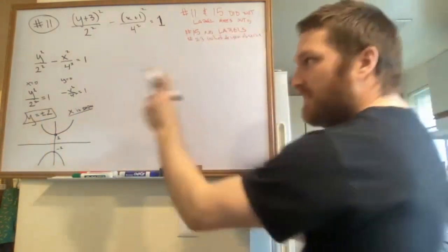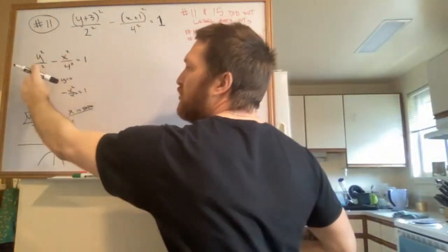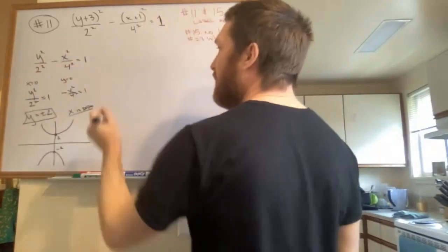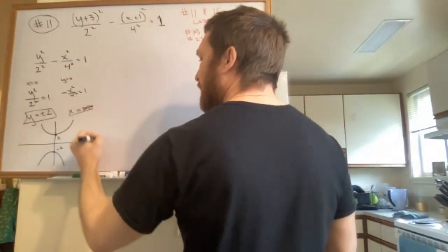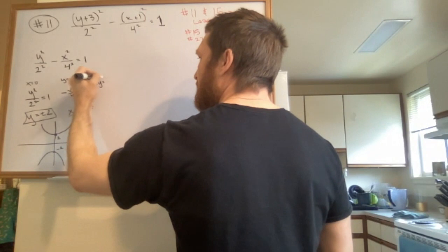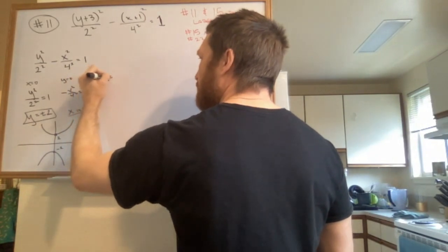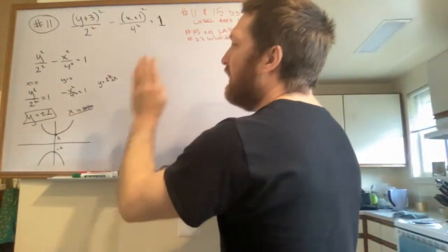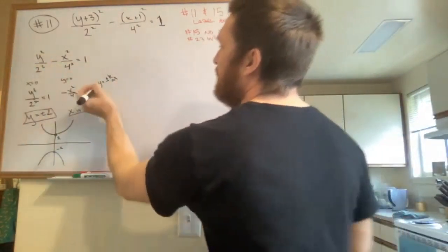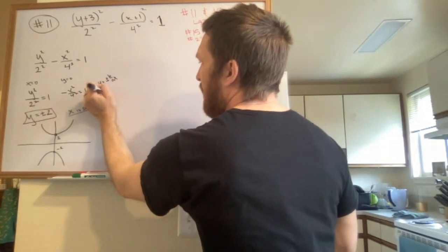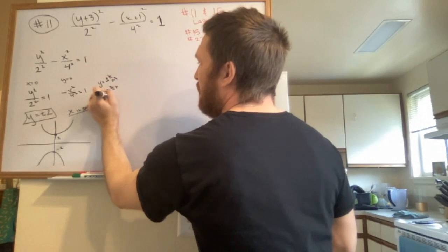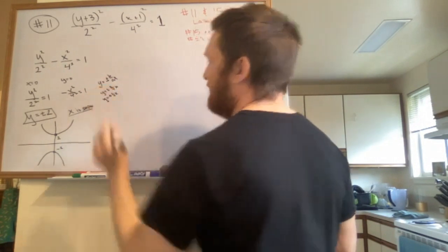And we would have, 4 over 2, sorry, would be my asymptotes. We would have y equals plus or minus b over a x. b is always the thing that goes with the y, so that would be 2 over 4. Y equals plus or minus 2 over 4x, or y equals plus or minus 1/2 x.